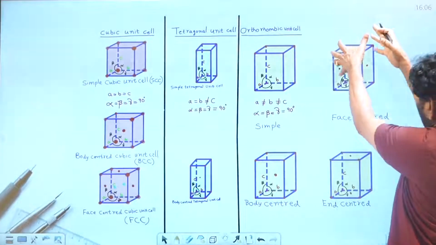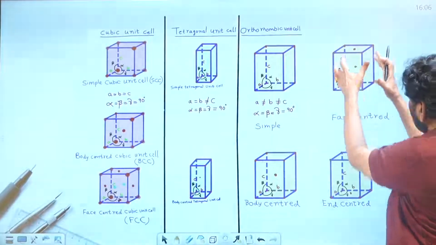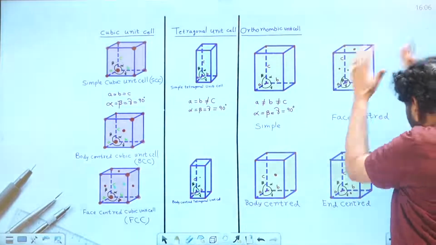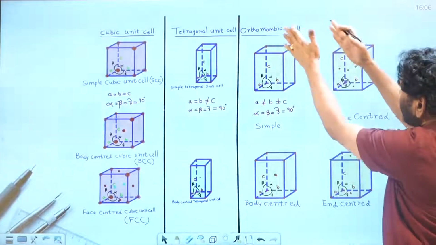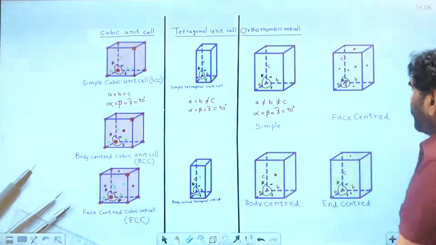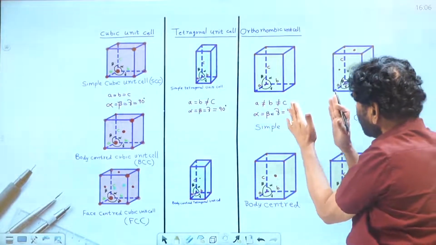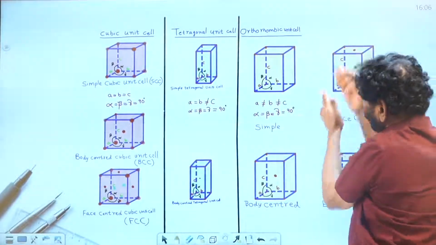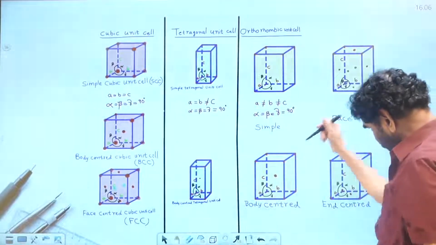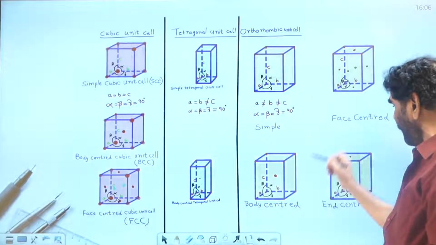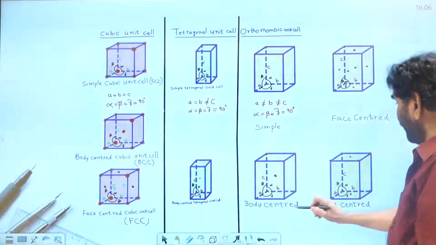If this is the lattice point distribution on the orthorhombic unit cell, then it is called the face-centered orthorhombic unit cell. If this is the distribution of the lattice points, then it is called the simple orthorhombic unit cell. If a lattice point is present at the center, it is called the body-centered orthorhombic unit cell.